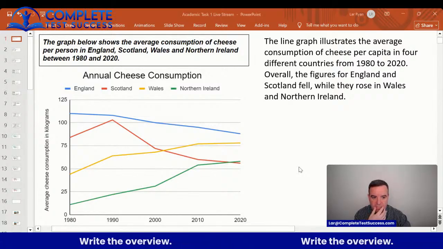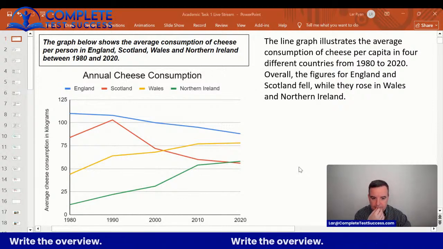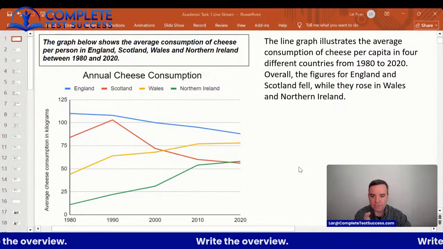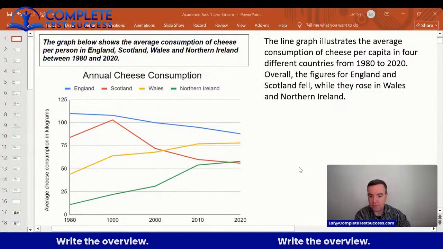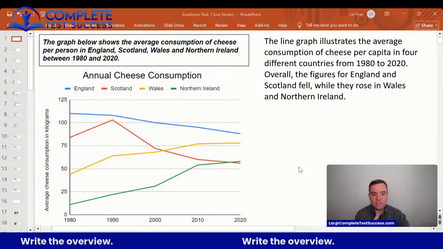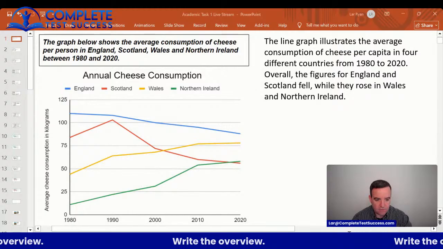So in this situation, I would like to include something extra. Very often I would just start with, which one started as the highest and which one ended as the highest. And if that's not long enough, maybe which one started as the lowest and which one ended as the lowest. So we're going to keep going until we reach about 30 words. At the moment, I'm just concerned that that's a little bit short.